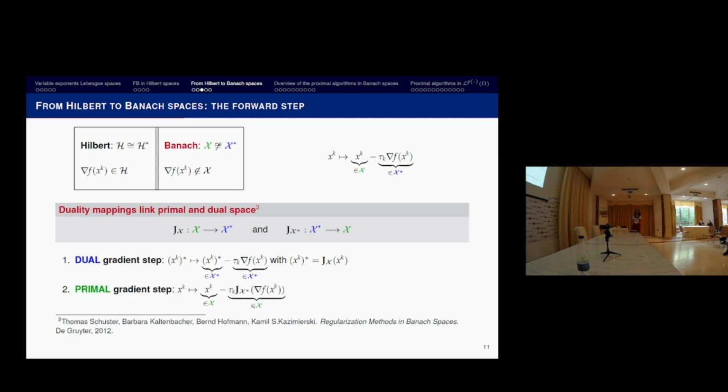The first one is the dual gradient step, and so we choose to compute the gradient step in the dual space, taking the iteration xk and computing the duality map of xk that lives in x star, and then computing the difference. And the other solution is to compute the primal gradient step, and so to take the gradient of f at xk, and move it to the primal space with the duality map.